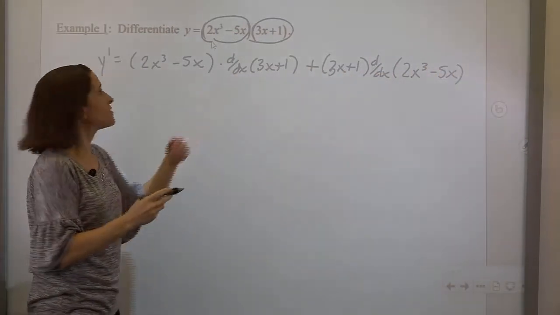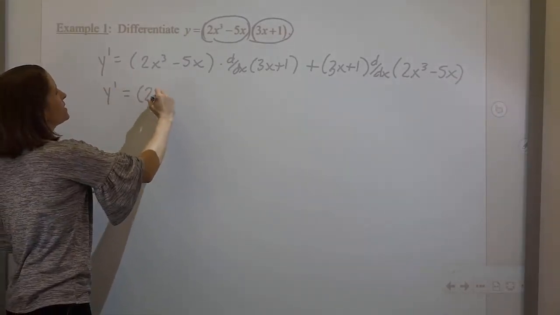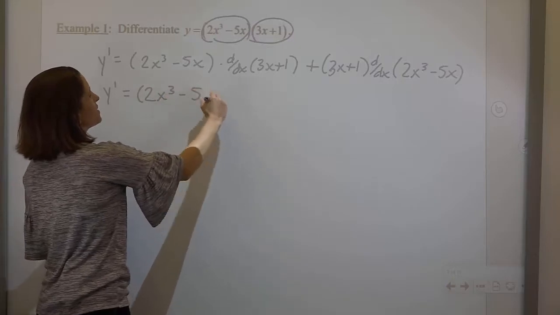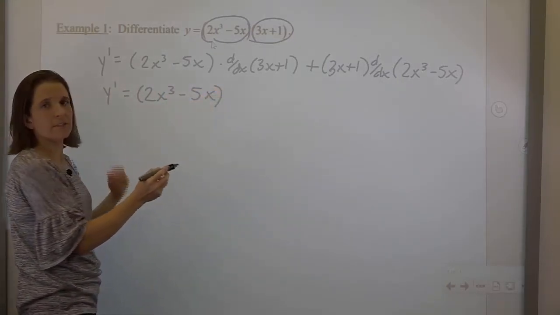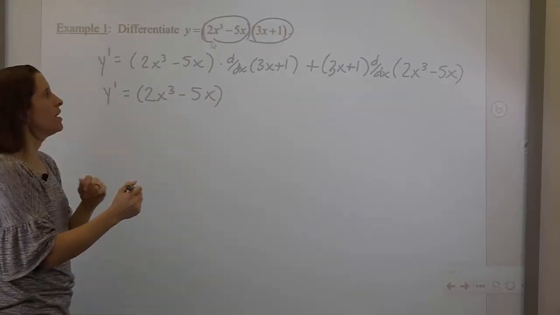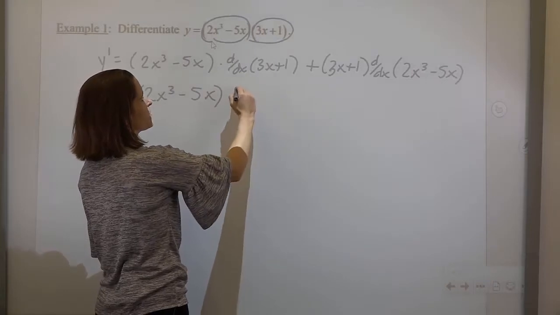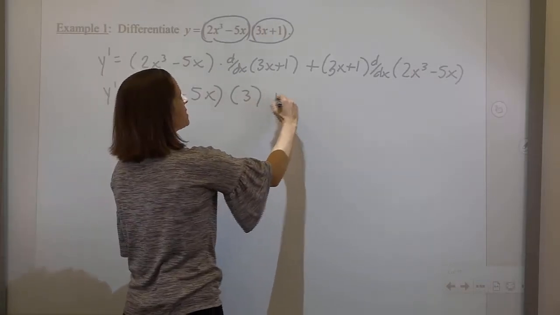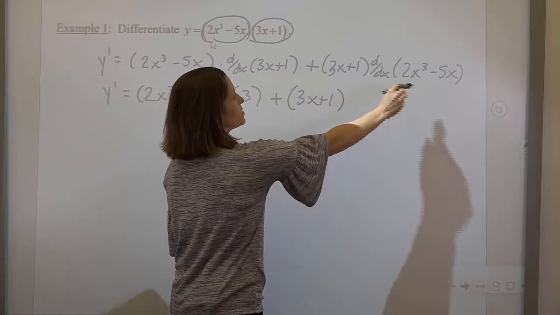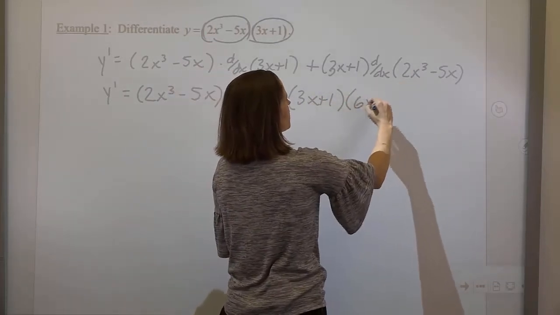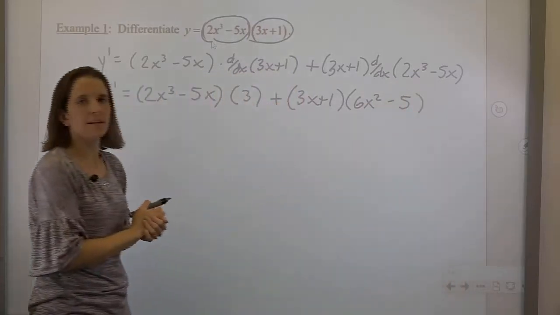So this cannot be a final answer, even if I'm not making you simplify fully. I need to just rewrite anything that does not have a d/dx in front of it, but I need to go back and take the little derivatives that popped up as part of the product rule to get to my final answer. So the derivative of 3x plus 1 is 3, and then I'm copying, and then I get to the derivative of 2x cubed is 6x squared, and then the derivative of negative 5x is negative 5.